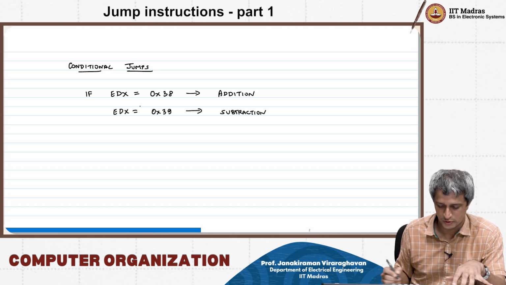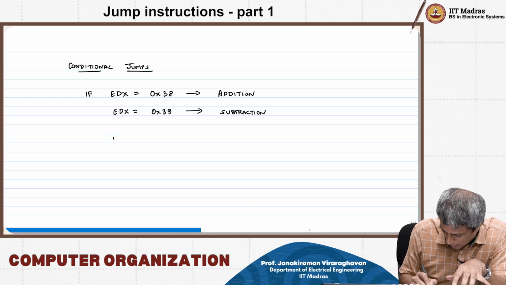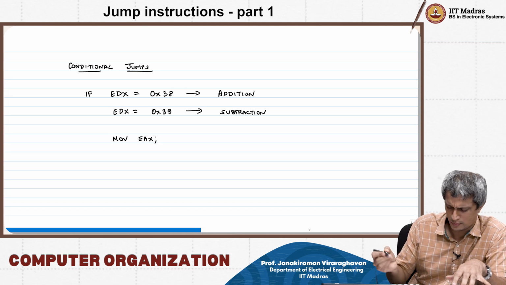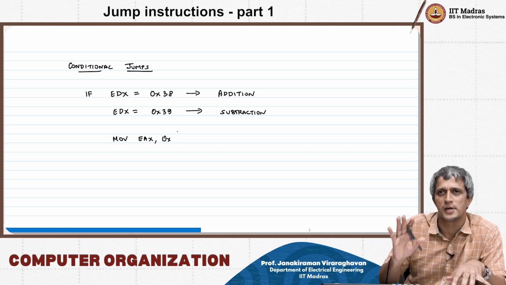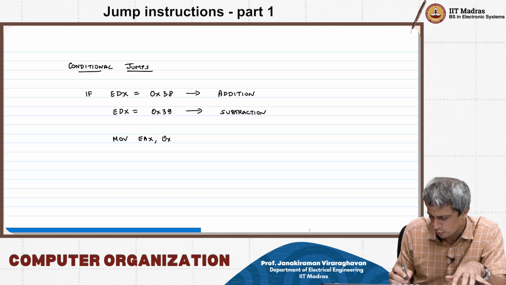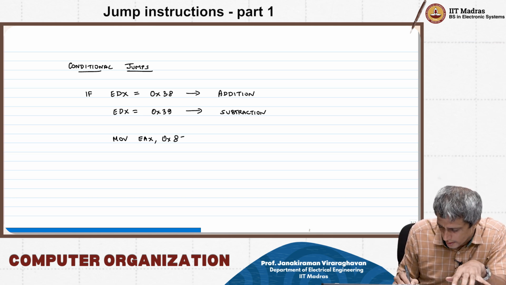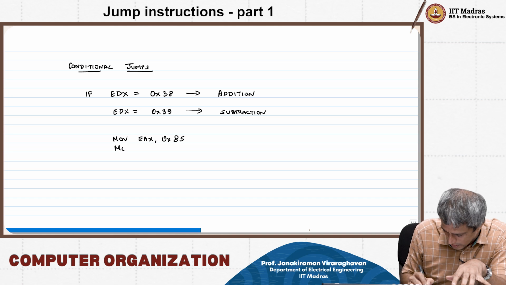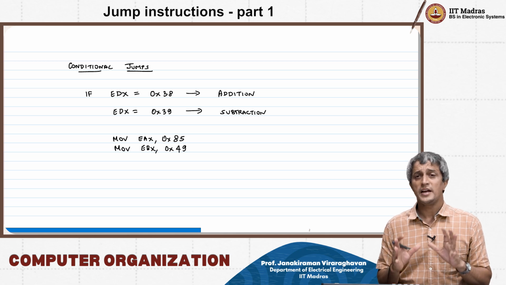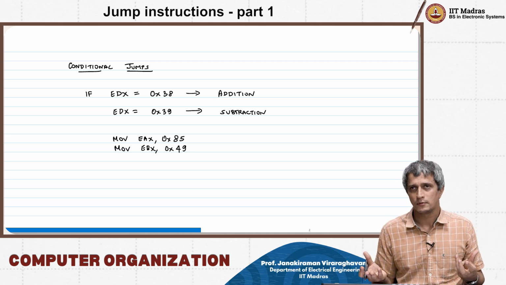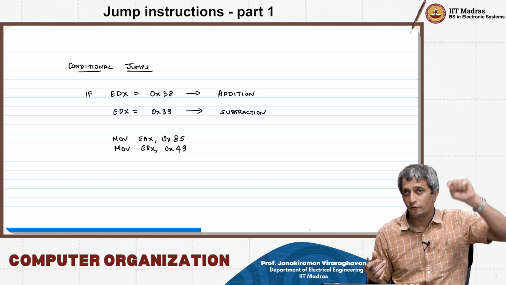So I am going to start with the same code: move EAX with some arbitrary immediate value, 0x85, and move EBX with 0x49. Now, the EDX value could get set through some other code before I come to this point.